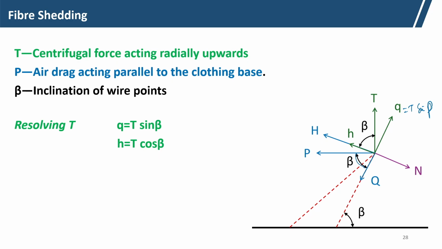These two forces we have resolved. Now resolving P, P has got two components, capital Q and H. So, Q is P cos beta, and H is P sin beta.